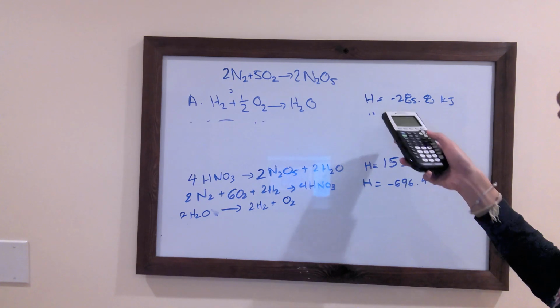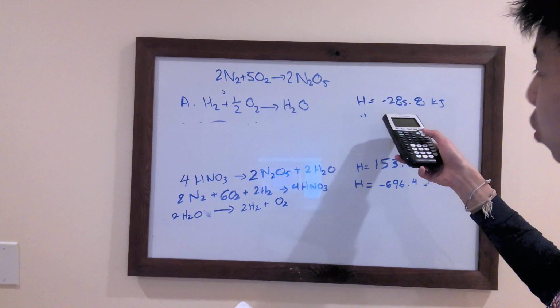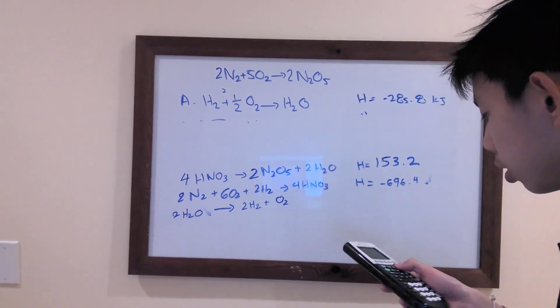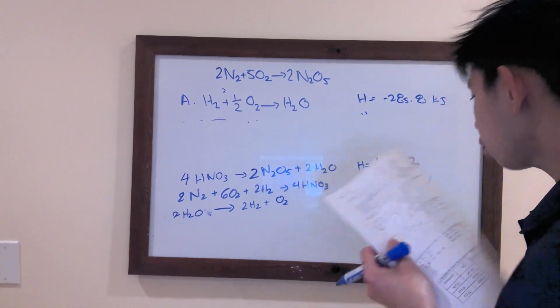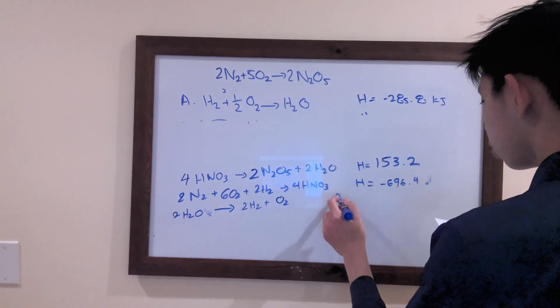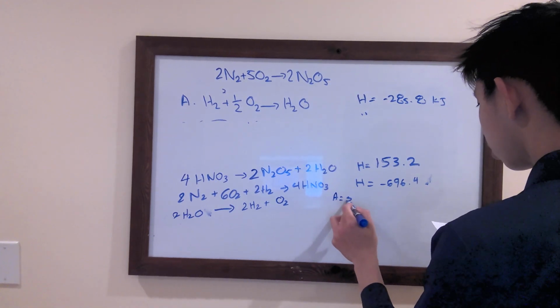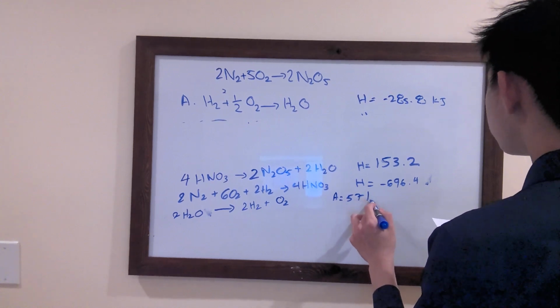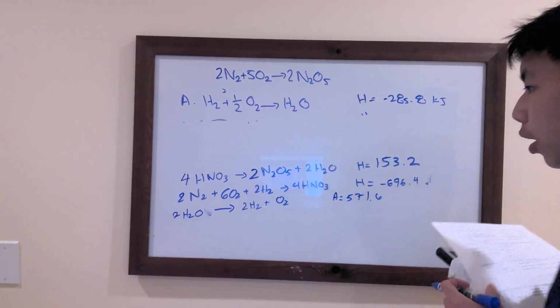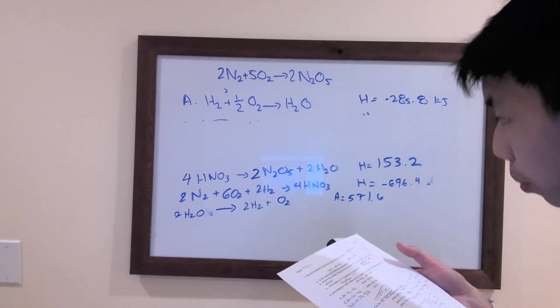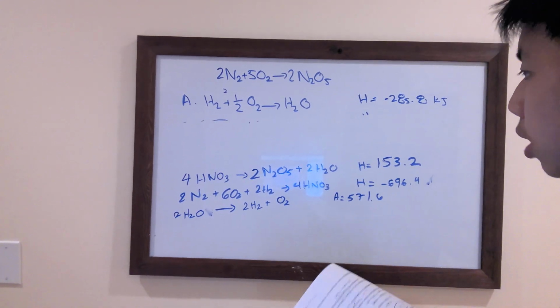Oh wait, no, because since we flipped it, we just changed the sign. So it's gonna be 285.8 times 2, which is gonna be 571.6. Right?